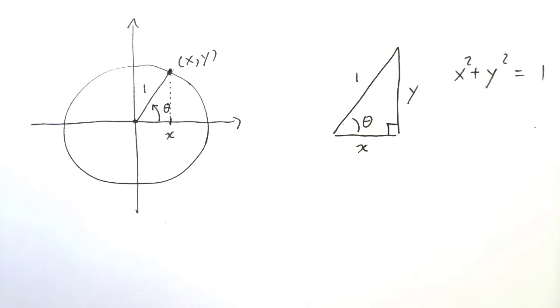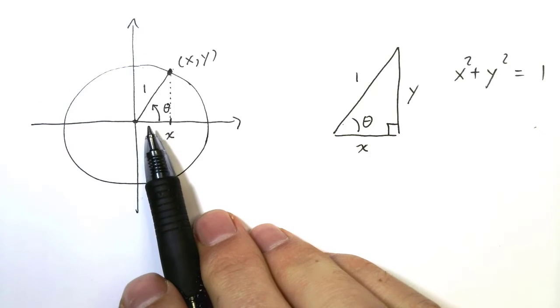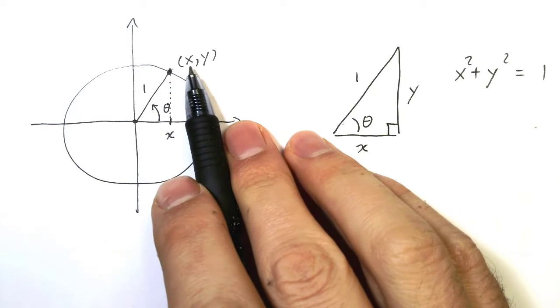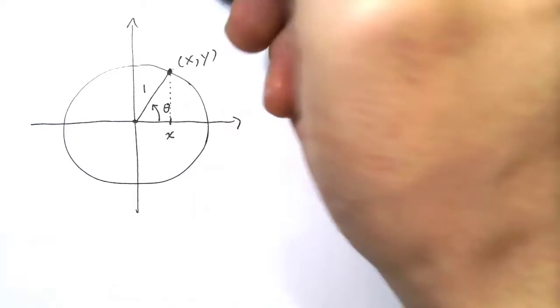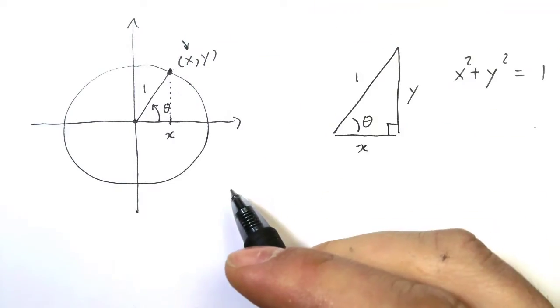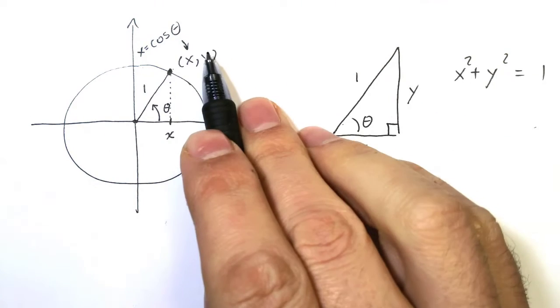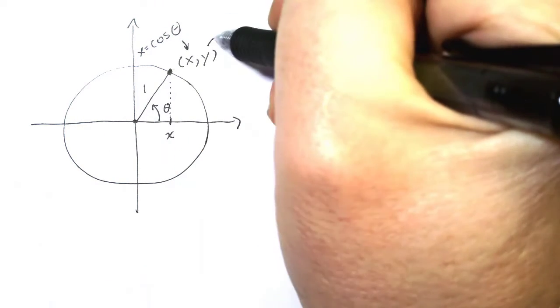Okay, great. So we have this picture. But when we talk about sine and cosine, we know that they relate to the x and y coordinates of this point. We know that x is the cosine of the angle theta, x equals cosine theta. And we know that y is the sine of the angle theta.